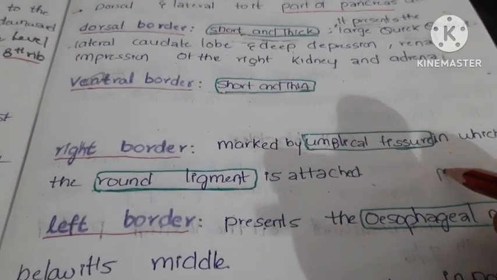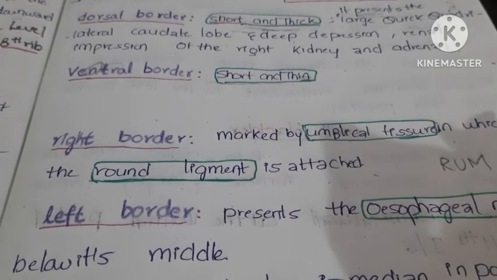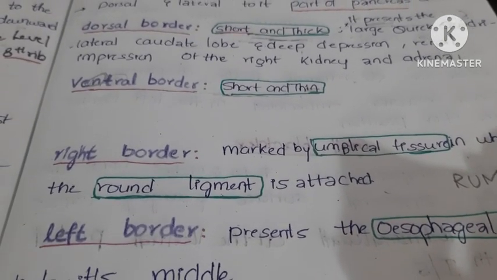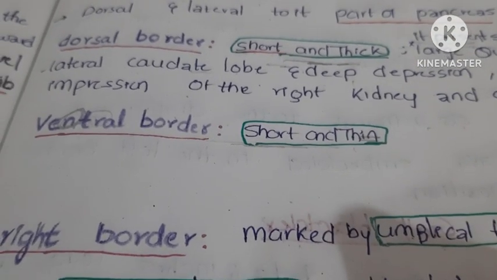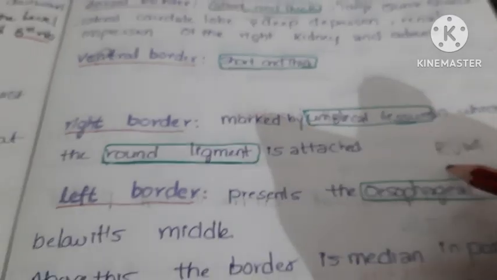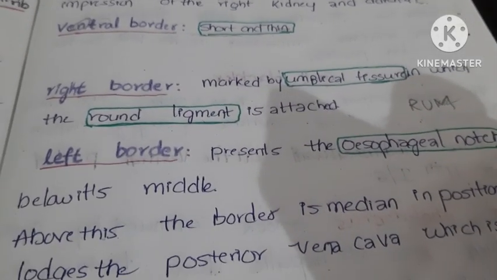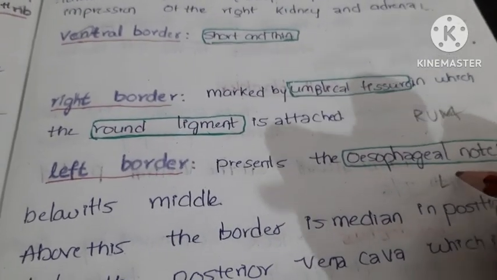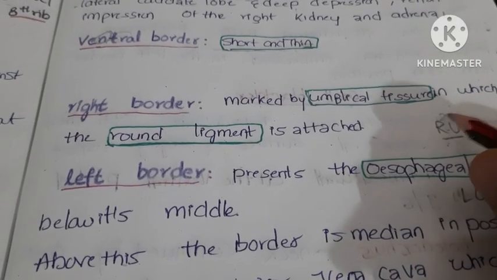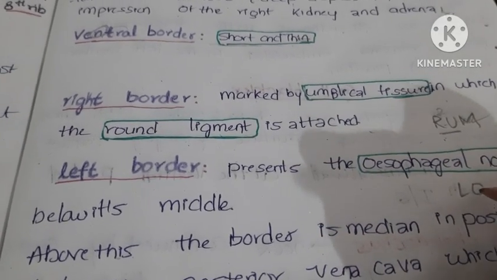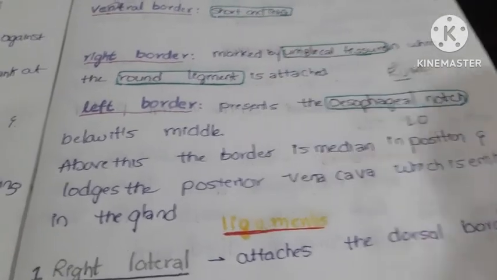We can remember it as: right for round ligament, right for umbilical fissure. And the left border presents the esophageal notch.